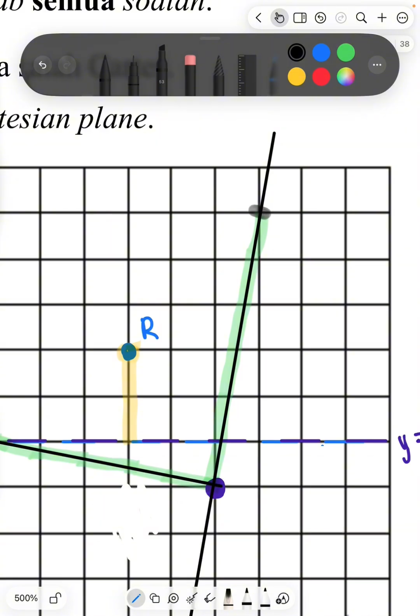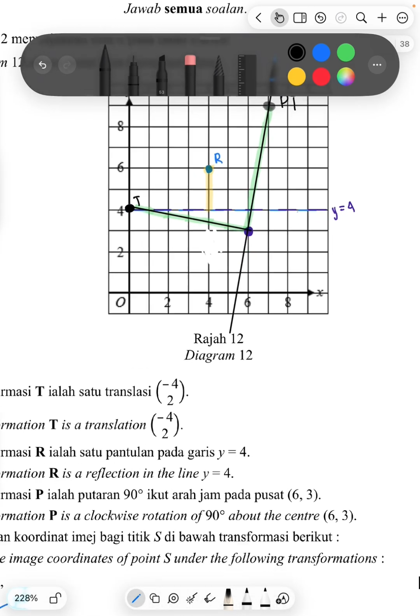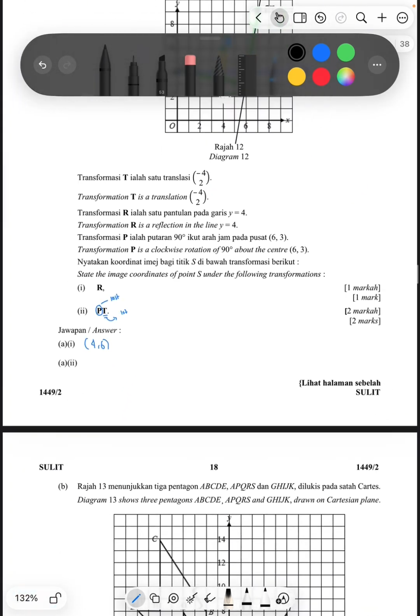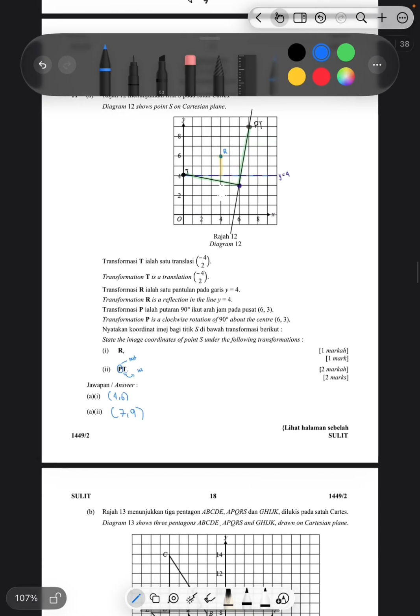Means that this is my P. So it's (7, 9). Is that right? (4, 0) and (7, 9). Forgot to write.